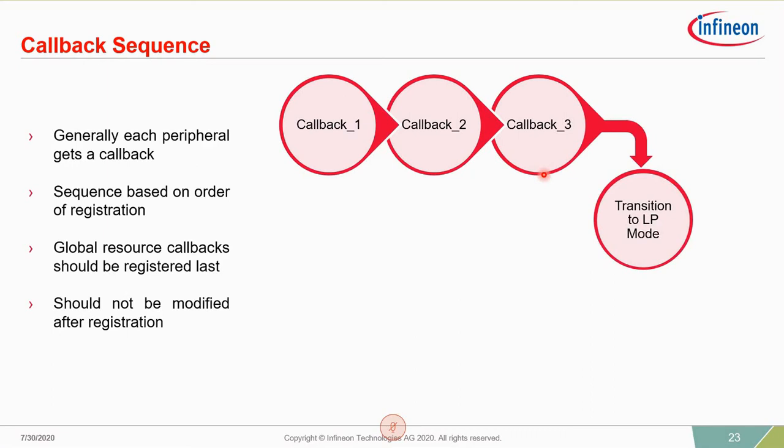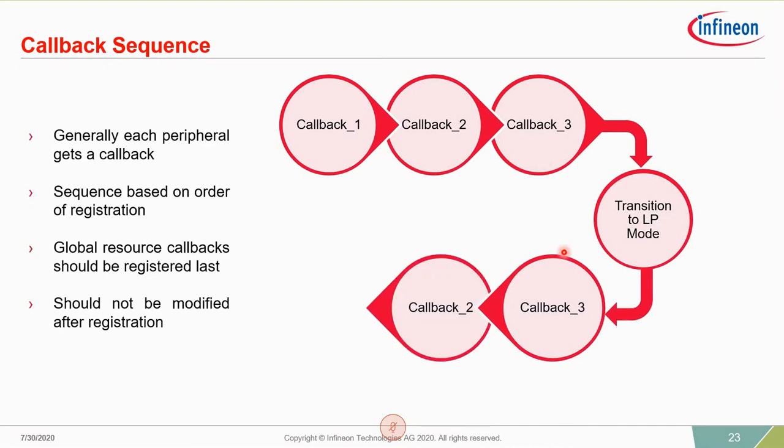Now when the device wakes up, the execution is in reverse order. This is done because if callback 1 has any dependency on the resource disabled or modified by callback 3, it can enable it first when the device wakes up to ensure that callback 1 executes successfully.